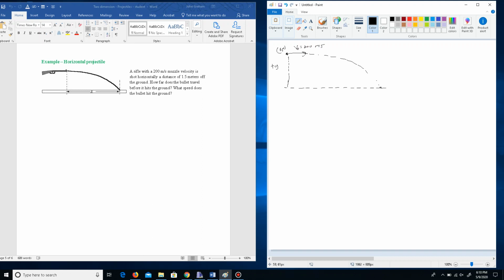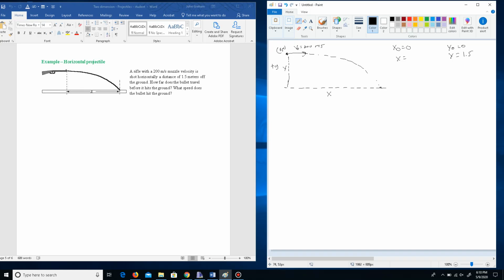This makes x sub 0 equals 0, makes y sub 0 equals 0, because I'm setting my 0, 0 up here. It makes y equal to this distance, and x equal to this. Now we don't know what x is. We do know what y is. It's 1.5 meters off the ground. So 1.5.